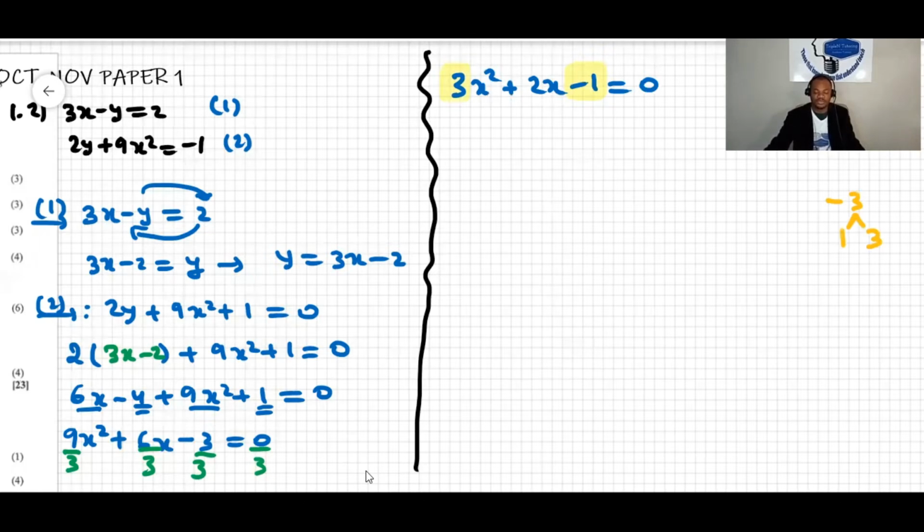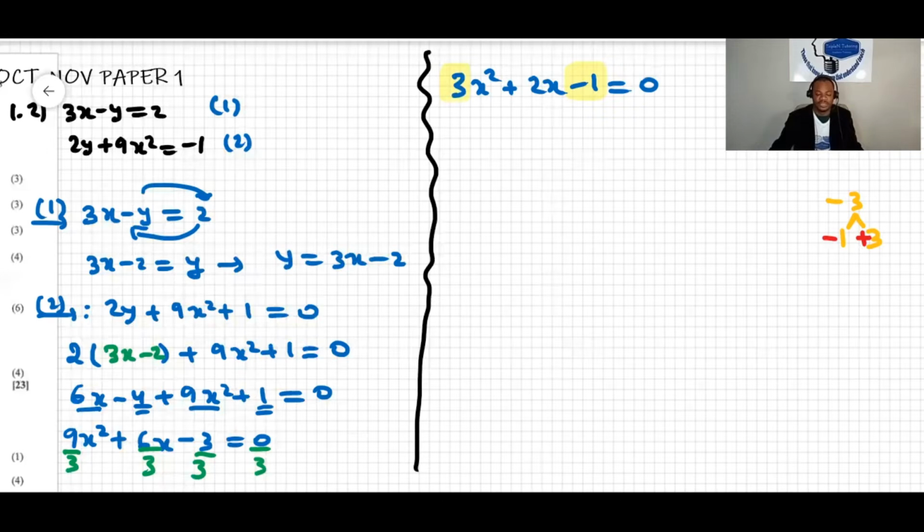Now, if we need to get 2, this is possible only if we do -1 plus 3, because -1 plus 3 makes +2, and -1 times 3 makes -3.